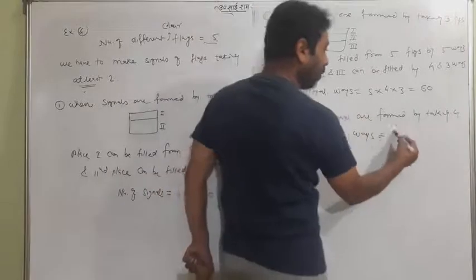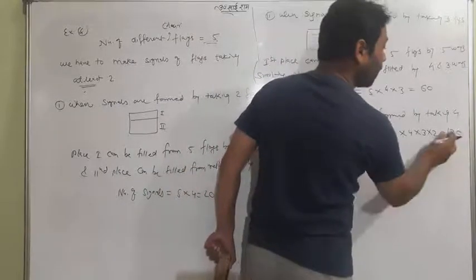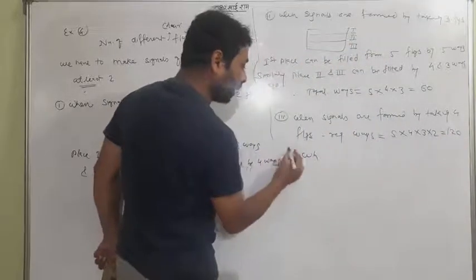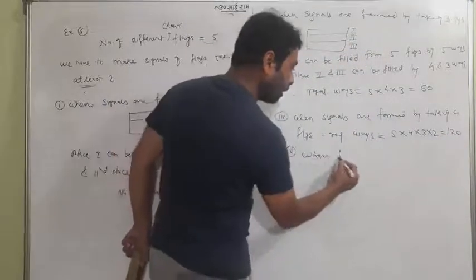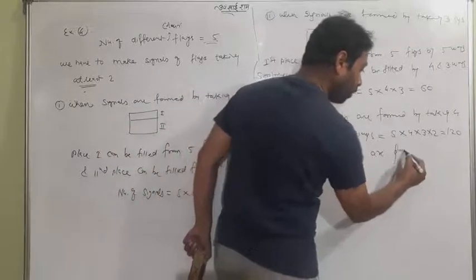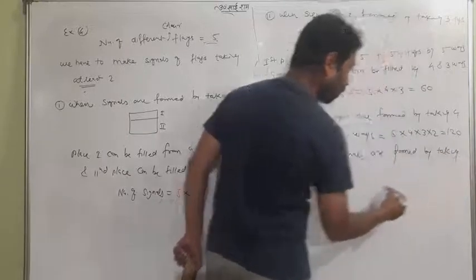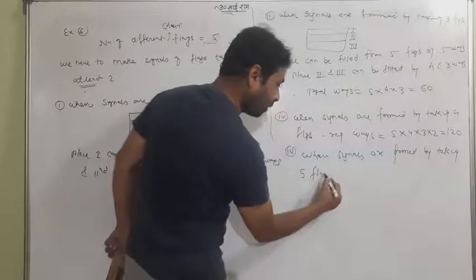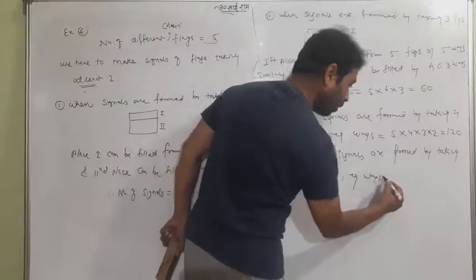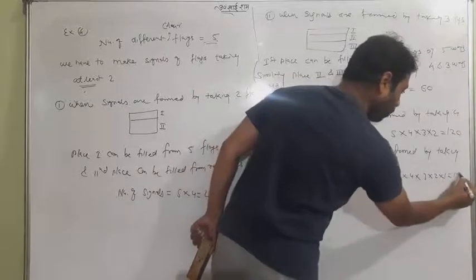So this time it will be 4 flags, 5, 4, 3 and 2. So it's 120 ways. And for the fourth case, when signals are formed by taking 5 flags, required ways will be 5 into 4 into 3 into 2 into 1, meaning 120.